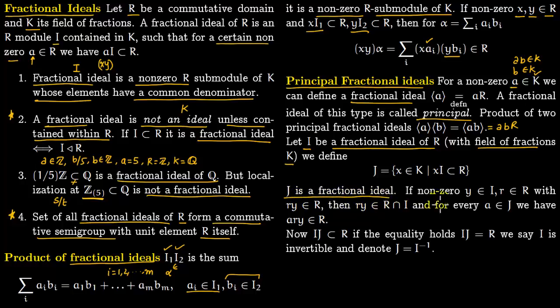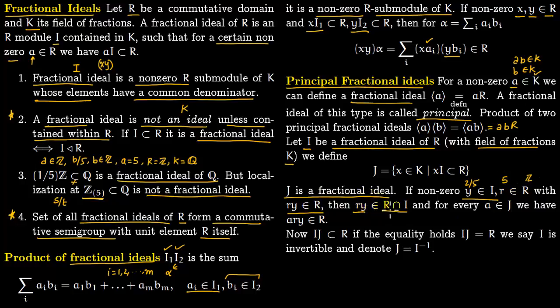So the first thing to notice is that this J will still be a fractional ideal. To show this, we take non-zero elements y in I and r in R, so that their product lies within R. So this small r is clearing the fractions here. Then ry would lie within R intersection I. For example, if you consider y to be 2 over 5 and r to be 5, then their product is 2, which lies within our ring R, which is the integers.